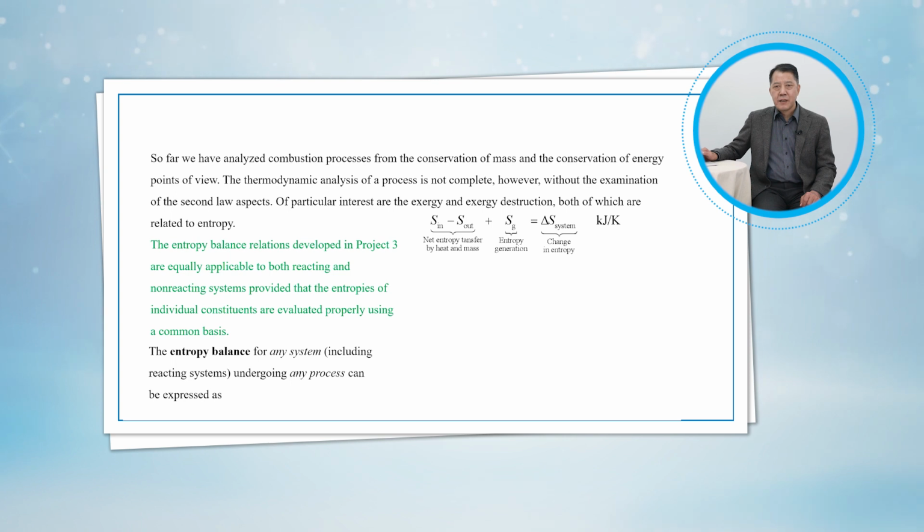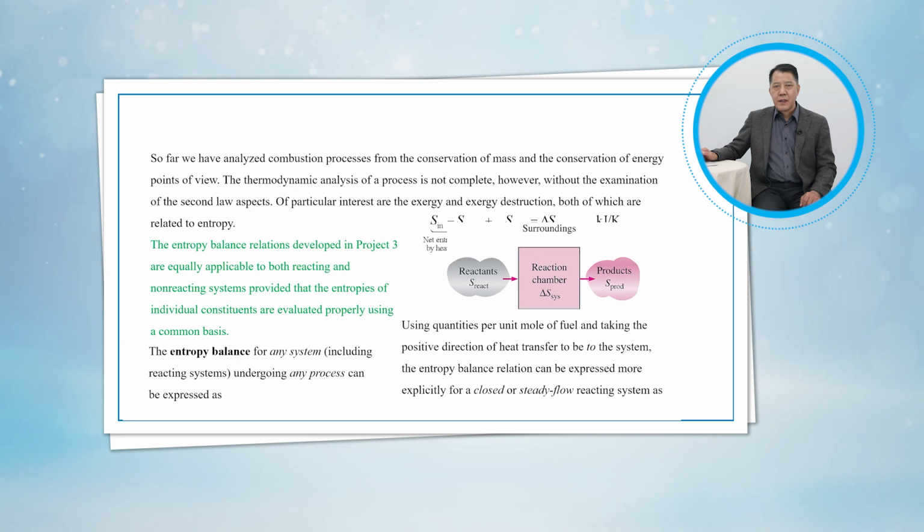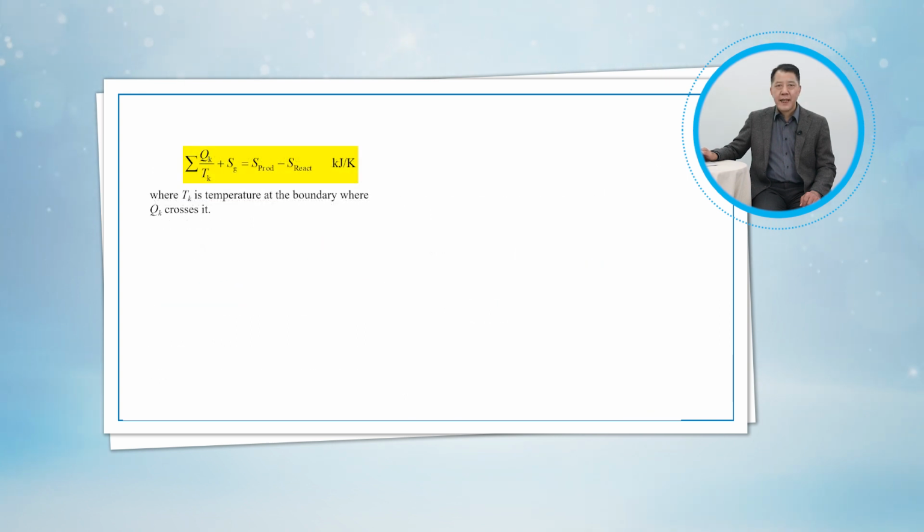The entropy balance for any system undergoing any process can be expressed as, using quantities per unit mole of fuel and taking the positive direction of heat transfer to be to the system, the entropy balance relation can be expressed more explicitly for a closed or steady flow reacting system as, where Tk is the temperature at the boundary where Qk crosses it.